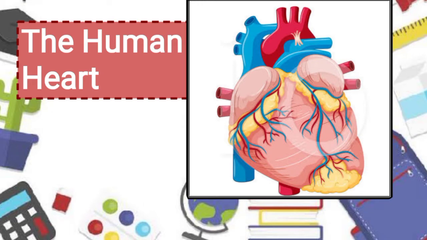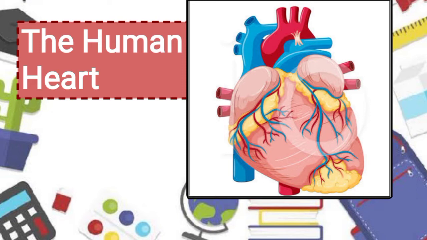But what is the heart? The heart is a muscular organ that pumps blood to all parts of the body, and it is situated in the chest just behind and slightly toward the left of the breastbone.